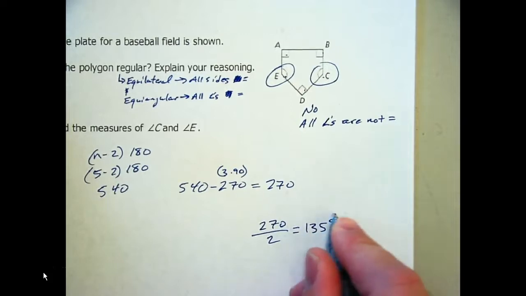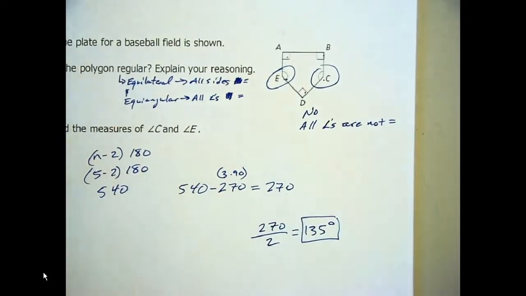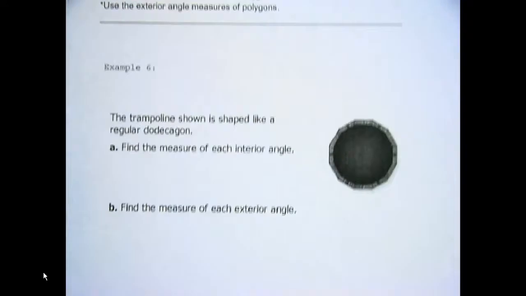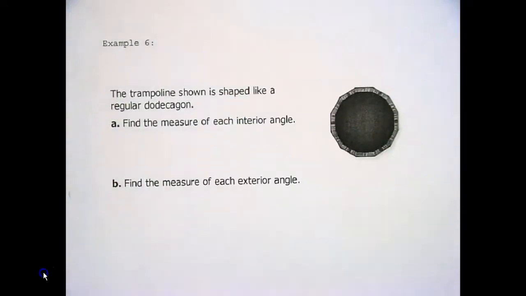Nice work. Good. So measure of angle E and measure of angle C are 135. All right. Any questions there? Okay, once you guys try number 6, or example 6 there. Give it a go.